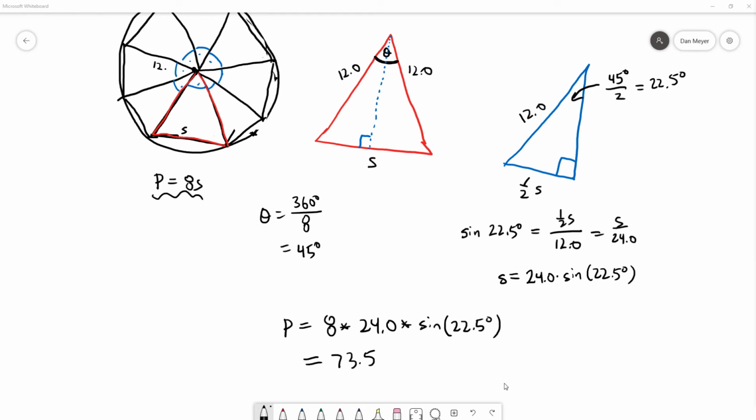All right, there might have just been a hiccup on Sean's end. Anyways, 73.5 centimeters here is the perimeter of our octagon.